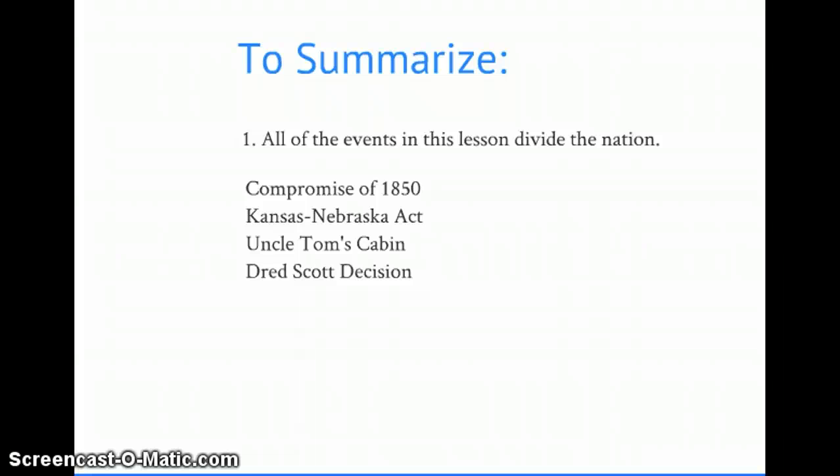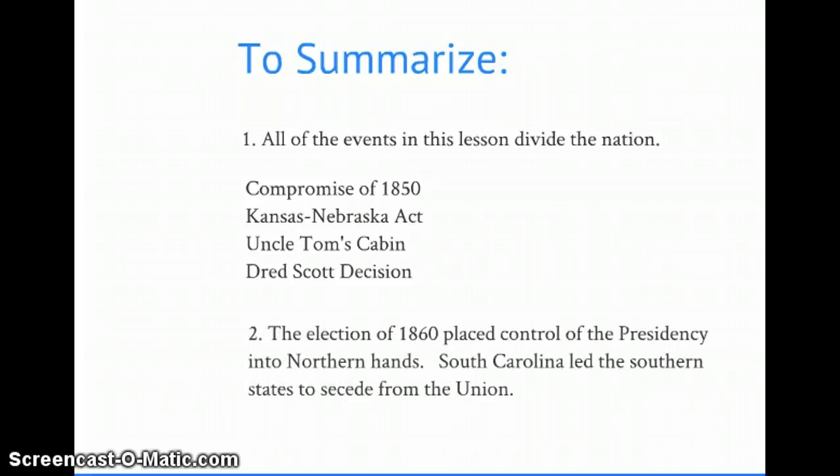The Kansas-Nebraska Act led to bloodshed out in Kansas when pro-slavery and anti-slavery folks moved out there to affect the vote. Uncle Tom's Cabin divided the nation in its publication and making Northerners aware of the evils of slavery. And of course, the Dred Scott decision was highly divisive in its legalization of slavery in all the territories and in not allowing slaves to use the courts because they were property.